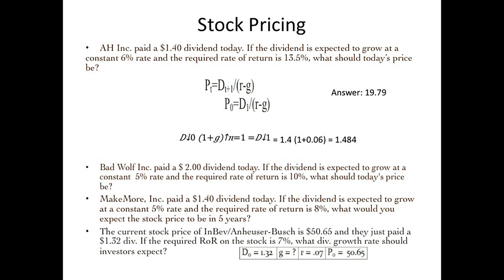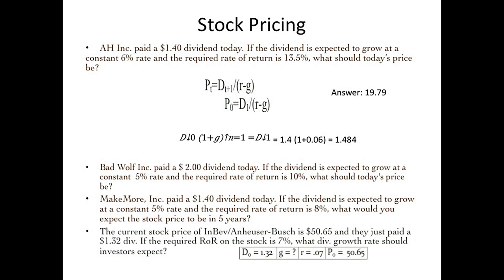Again, understand that the formula we're given on this slide is only valid under the assumption R is greater than G. Obviously, if R is less than or equal to G, we have a denominator that is zero or negative, and then we have some very funky things happening in math. So we want that denominator to be positive, which means R needs to be greater than G for this whole thing to work.